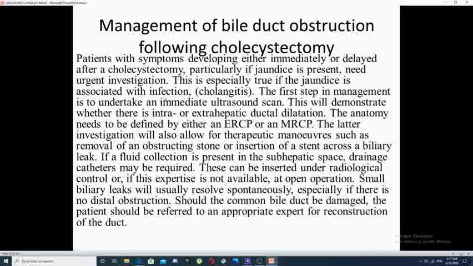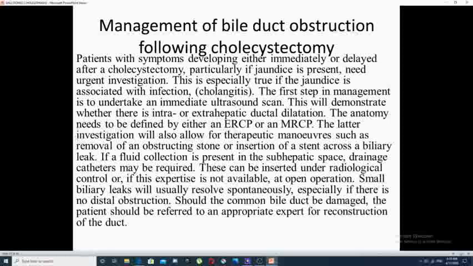The first step in management includes immediate ultrasound, which will demonstrate whether there is intrahepatic or extrahepatic duct dilatation. Anatomy may need to be defined by either ERCP or MRCP.